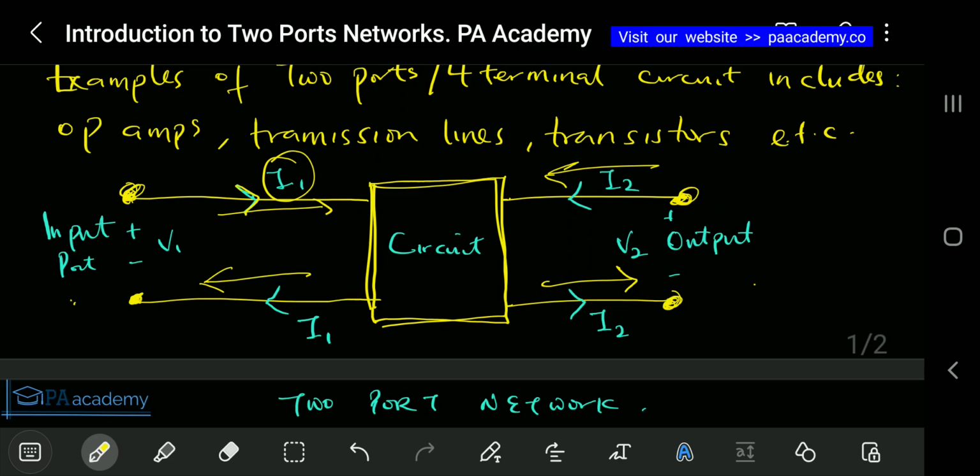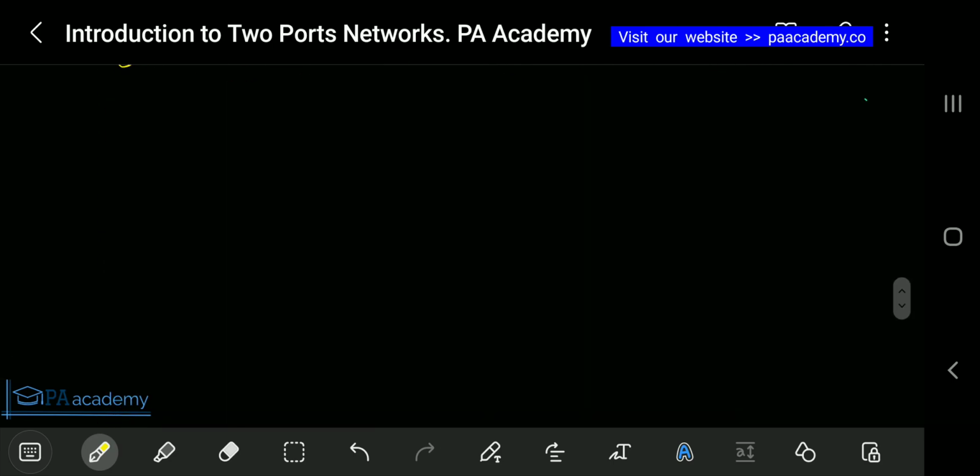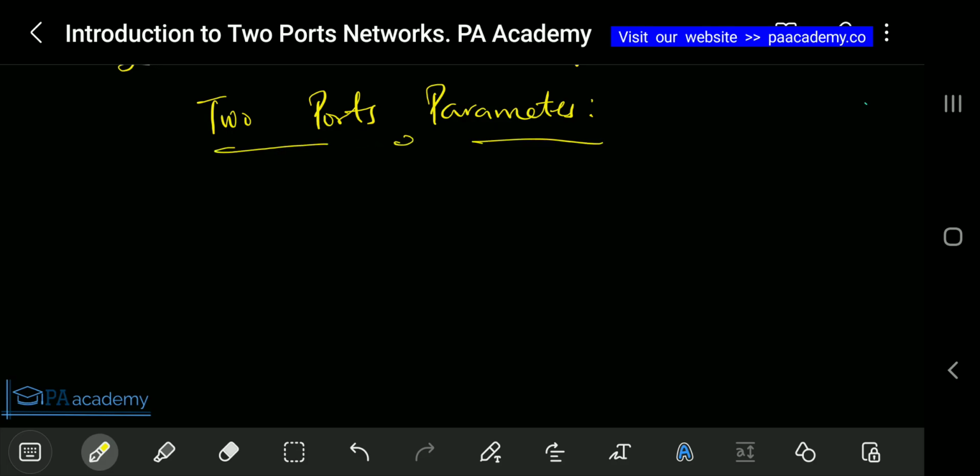Another thing I also want to talk about is that when we are dealing with a two-port network, we have what we call the two-port parameters. Here are some of them that we are also going to be looking at in this video.